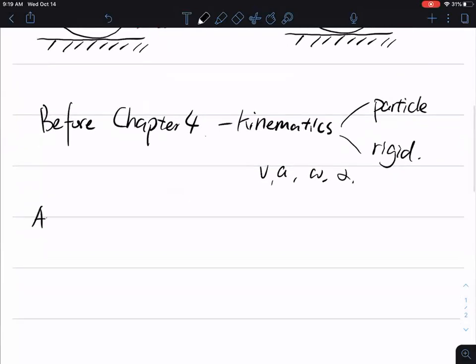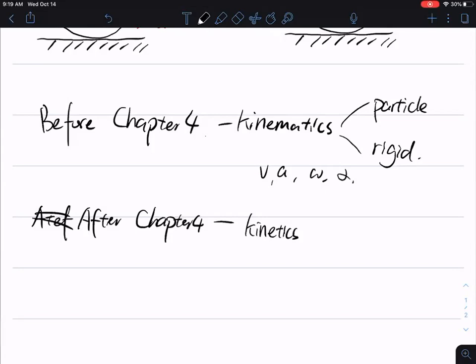Starting from chapter 4, we're going to do kinetics. What is kinetics? Before chapter 4, we learned how things move.